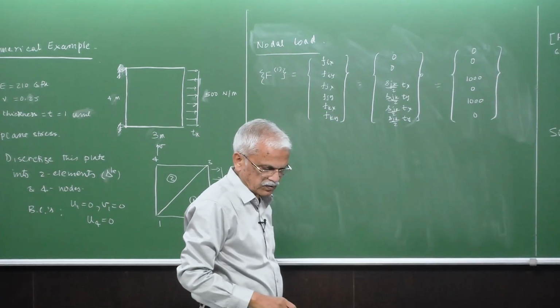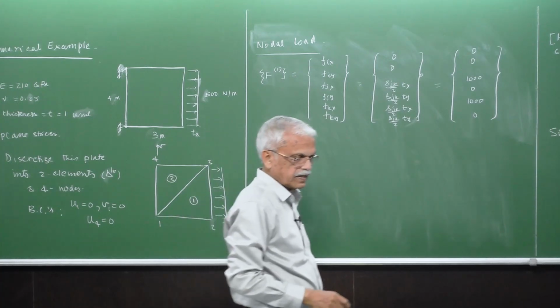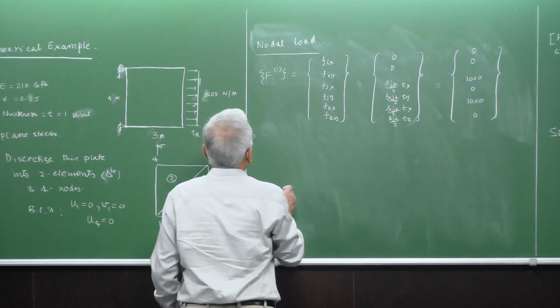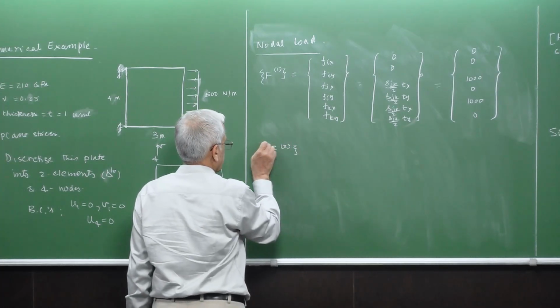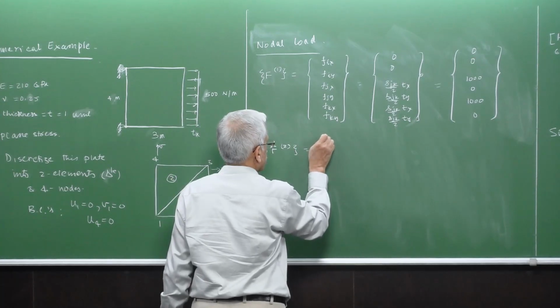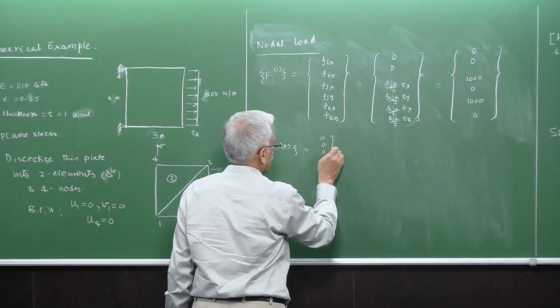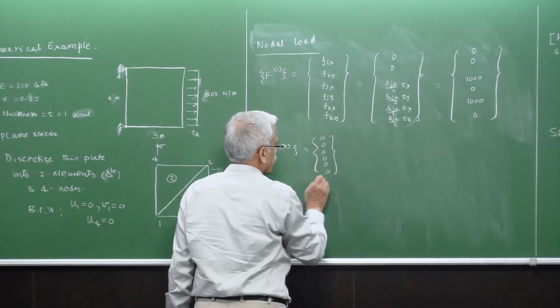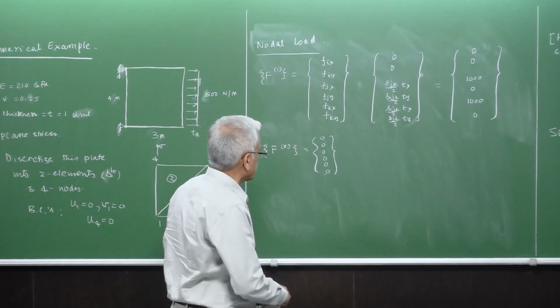Okay, so this is what the nodal loads are, and this is for element 1, and for element 2 there is no other traction, so this is all zeros. Okay, so this is what it is.